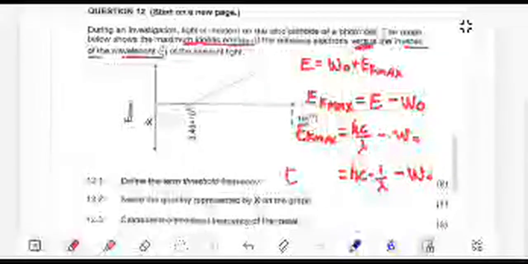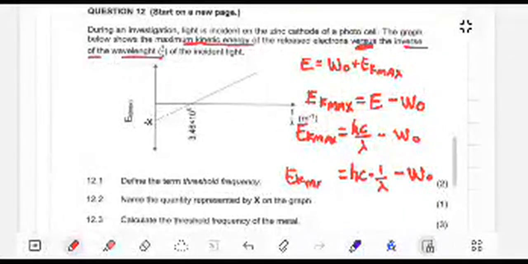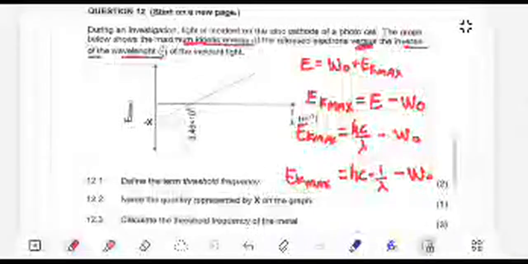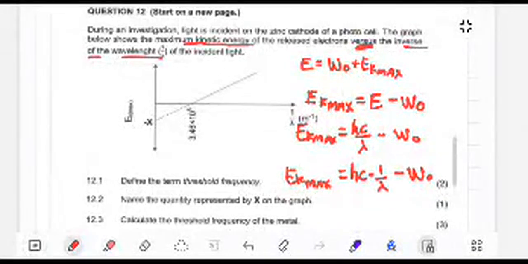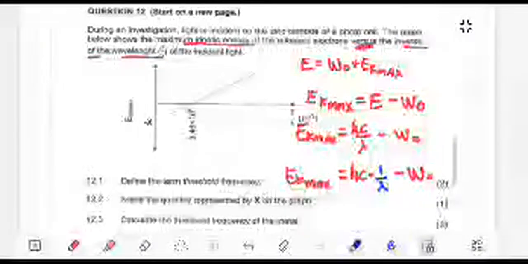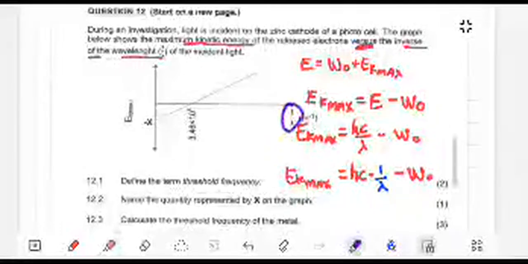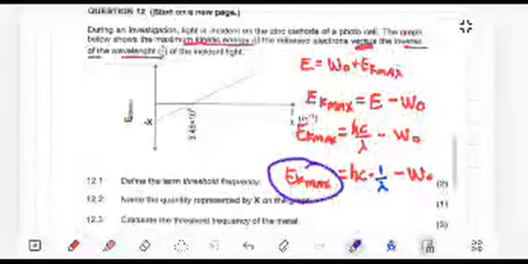So EK max is equal to HC multiplied by 1 over lambda minus W naught. And now that I made this to be the same as this one over here, I can interpret my equation. Remember, this is y, this is x.